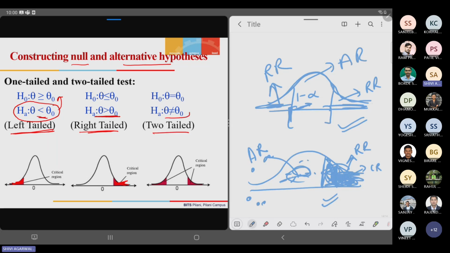For two-tailed, theta is not equal to theta naught, so the critical region is divided into two parts, left tail and right tail. These are the three cases of hypothesis testing, and H naught and HA are contradictory hypotheses. Got it? Any query?